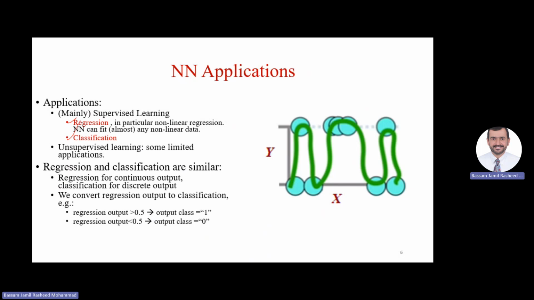So for example, if I want this type of data to be modeled with a neural network machine, then I care about the output at this point with this value, with this value, with this value.